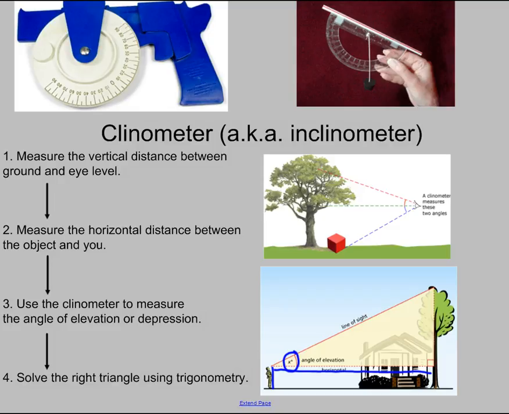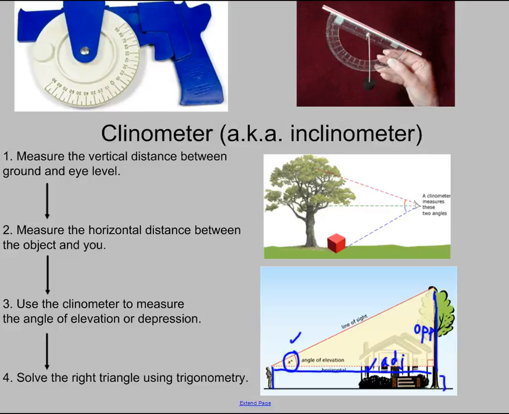So that gives you two pieces of information for the triangle, and then using trigonometry principles you can solve that right triangle, because you would likely be able to use the tangent ratio by involving the opposite side and the horizontal, which would be the adjacent. And at that point you'd be able to find the height using a quick calculation and then add on that extra little bit. So that's the method that a clinometer depends on.